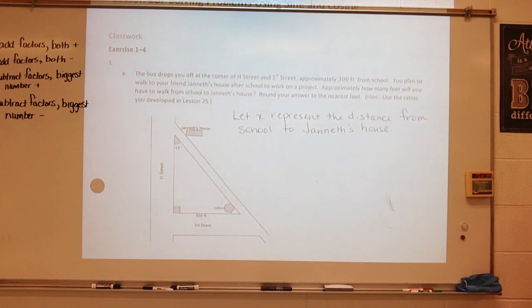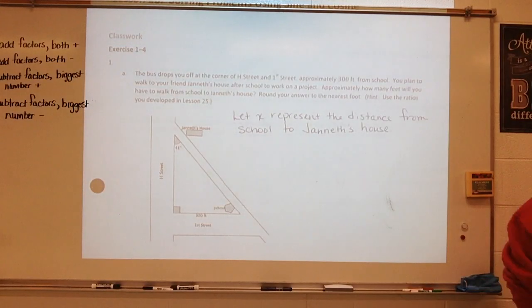And I don't have lesson 25. I was going to say that would be a nice lesson to have out. We did create some ratios in lesson 25. It was the one where we actually measured our angles.